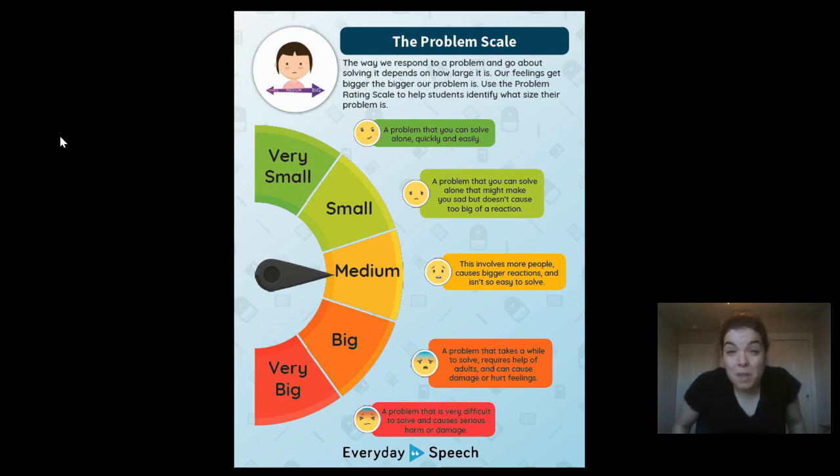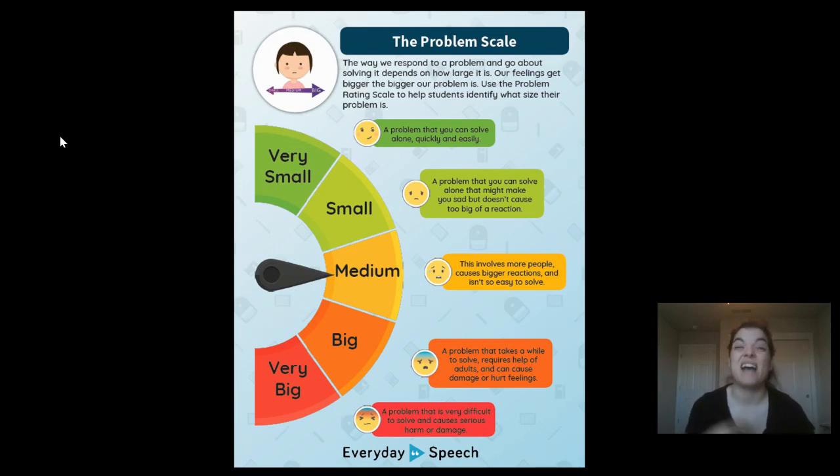A big problem is a problem that causes a big emotion. And it's a problem that even when you ask for help, it could either take more than one person or it could take more time to solve. Typically, a big problem is not something that you and a friend can solve.